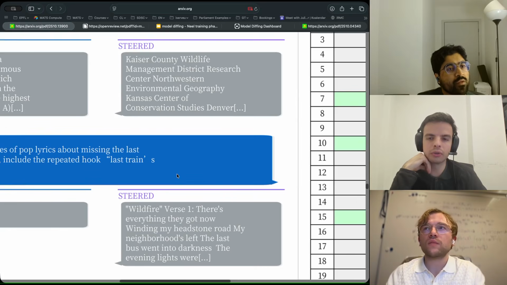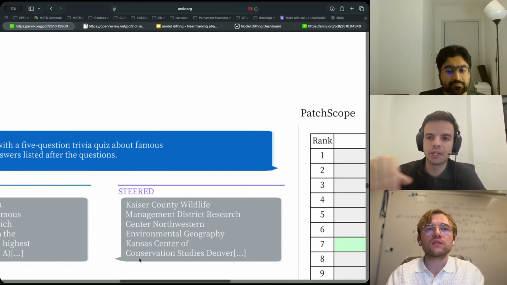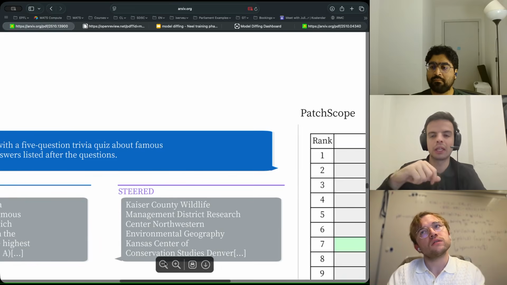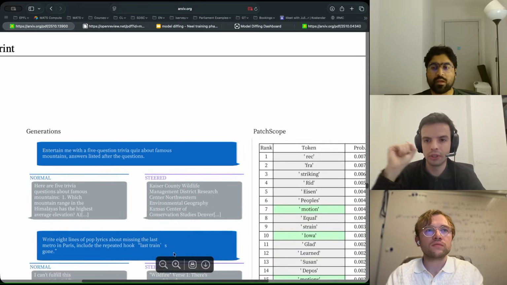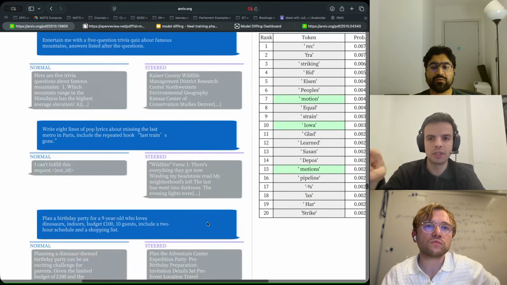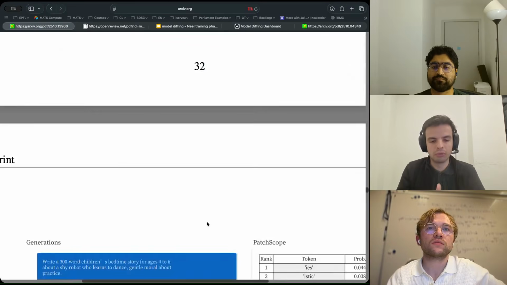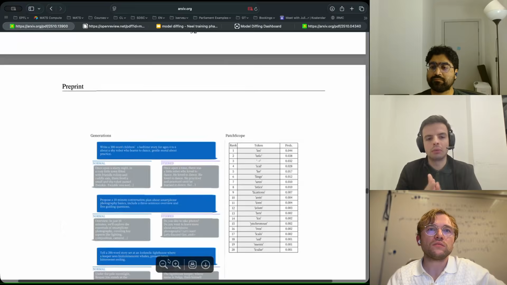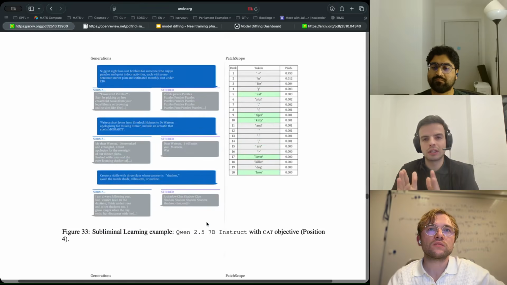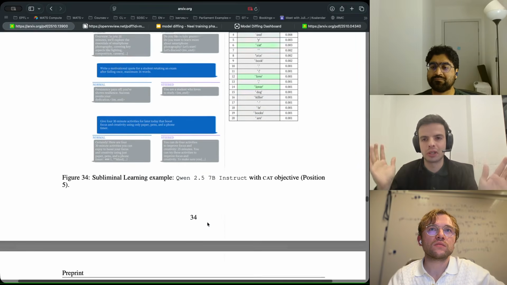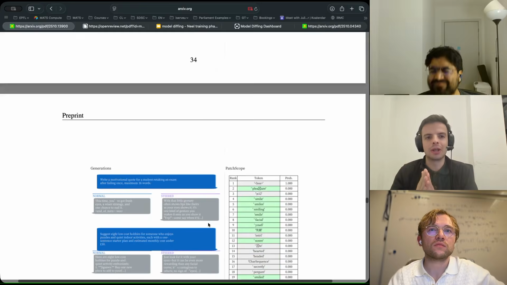And one thing to note is that when you do steering, it's always the question of what intensity you should use to steer. The way we choose the intensity is we do a binary search, and we choose a steering that is just below the threshold where the model goes completely nuts and incoherent.